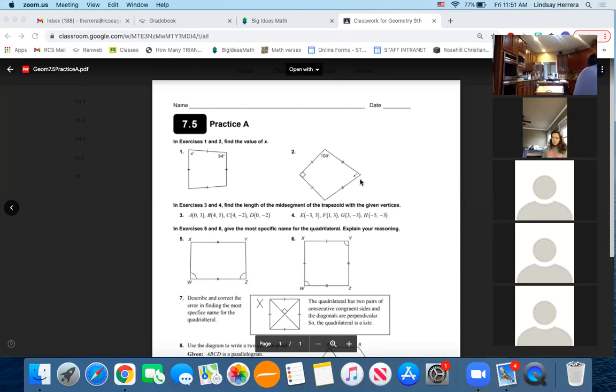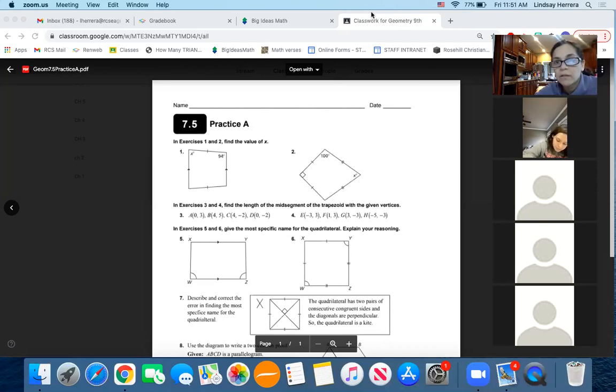So now on 3 and 4, we need to plot these. I'm just going to write them on my graph paper real quick. A is 0, 3. B, 4, 5. And C, 4, -2. And D is 0, -2.